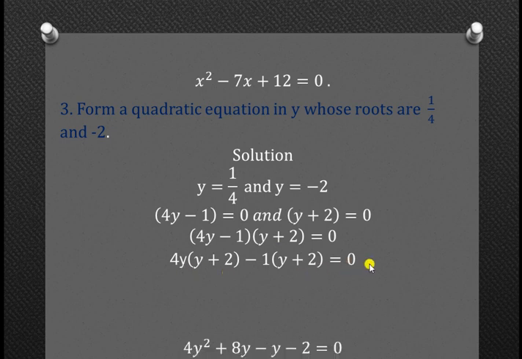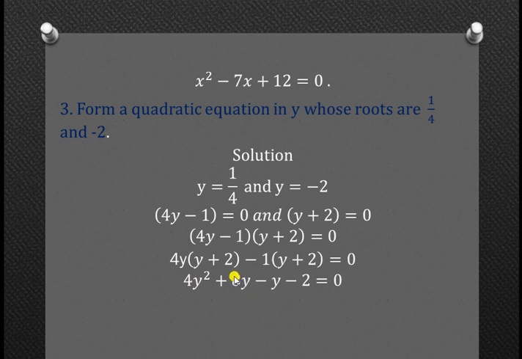Should you expand carefully, we shall have 4y times y giving us 4y squared, 4y times 2 giving us 8y, and negative 1 times y giving us negative y, and finally negative 1 times 2 giving us negative 2 equals 0.